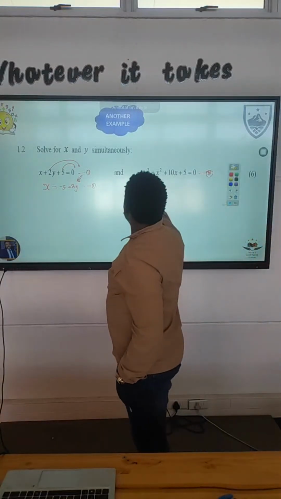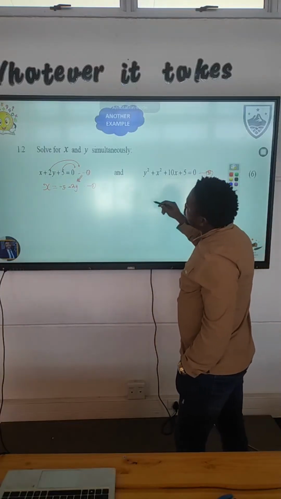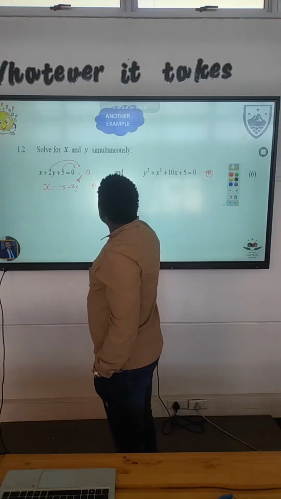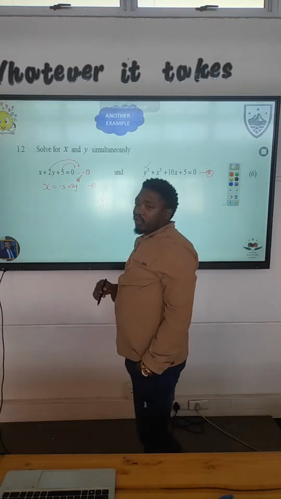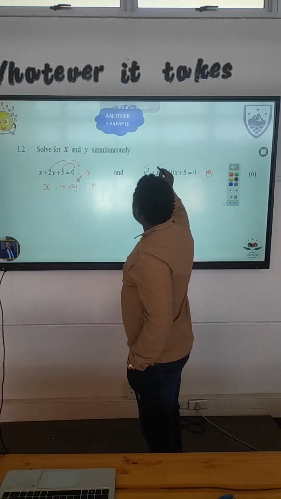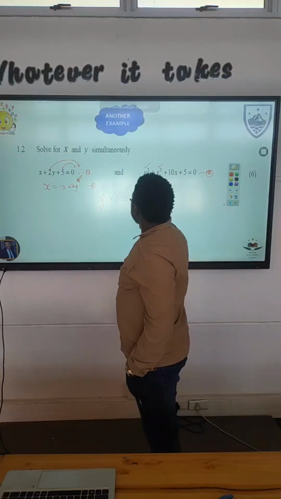So I'm going to substitute equation 1 into equation 2. So I'm going to have y squared. This is the y squared I'm talking about. And then plus x squared. This is the x that I'm talking about, but I'm going to substitute a negative 5 minus 2y.